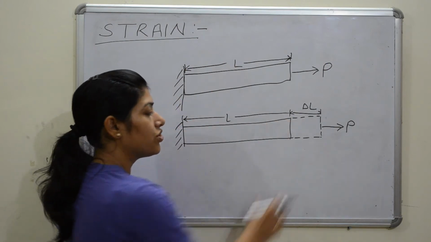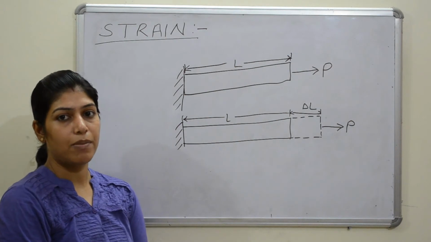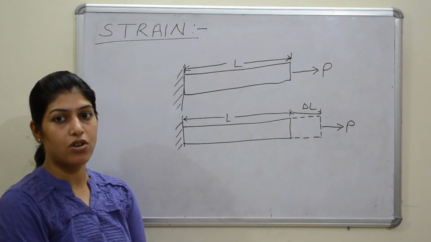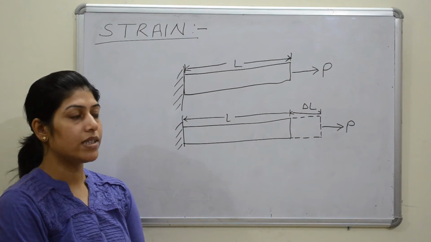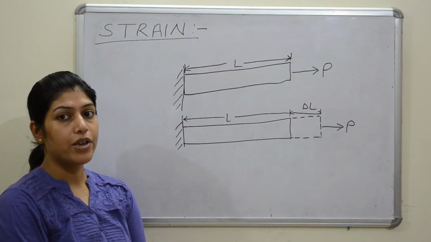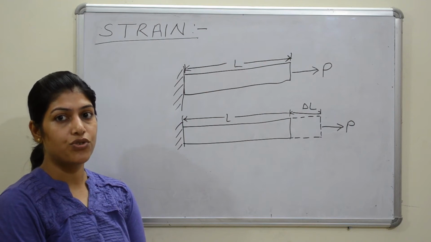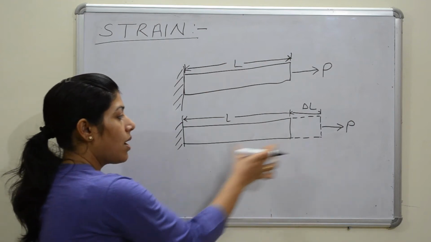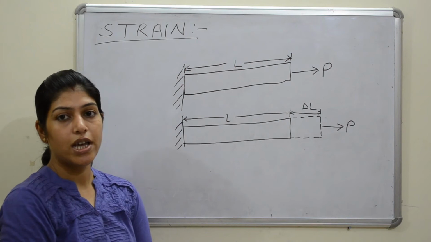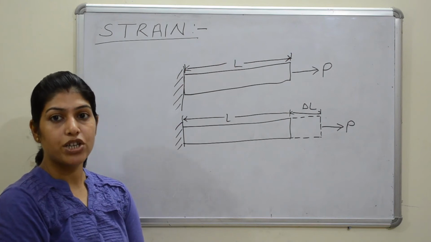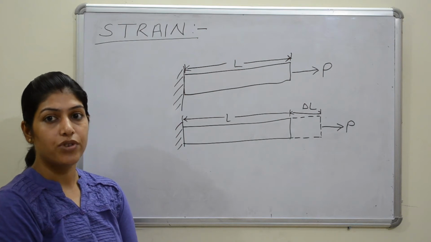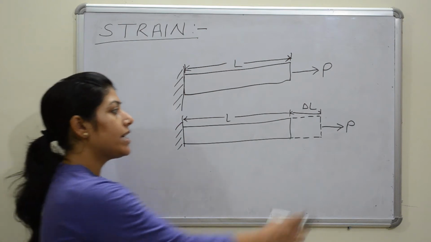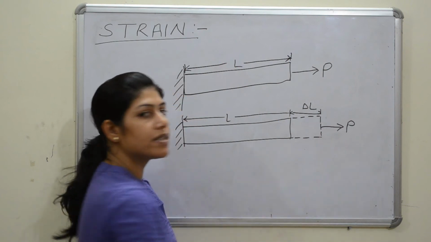So this change in length after application of tensile force is called deformation. We can say deformation per unit length is called strain, or deformation caused due to external loading is also called strain. Here we are applying tensile force on this prismatic bar.